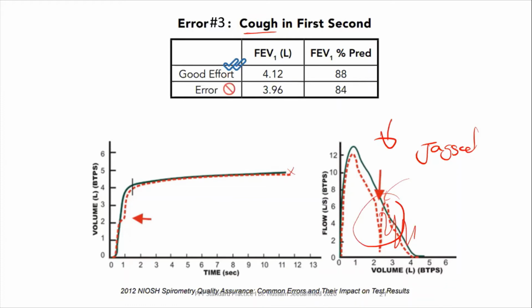But try to do the maximum. So this is the third spirometry pitfall, that is coughing. The cough might falsely reduce or elevate the FEV1. This depends on the strength of the cough. Affecting the FEV1 will have effects on the ratio.